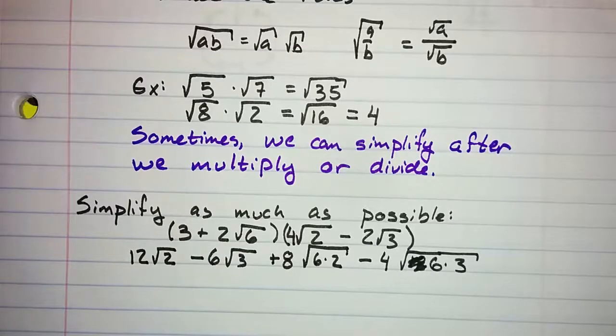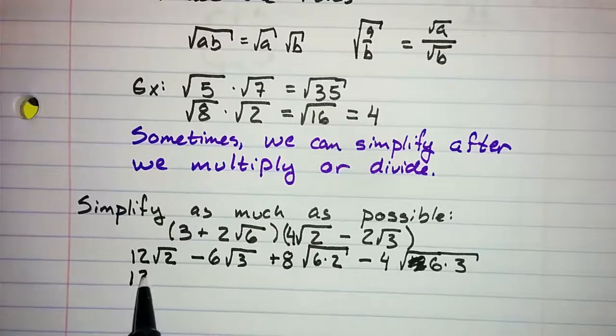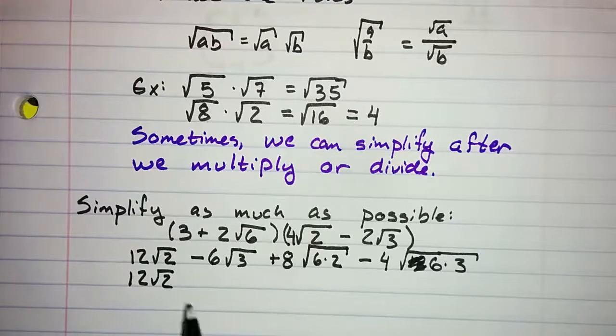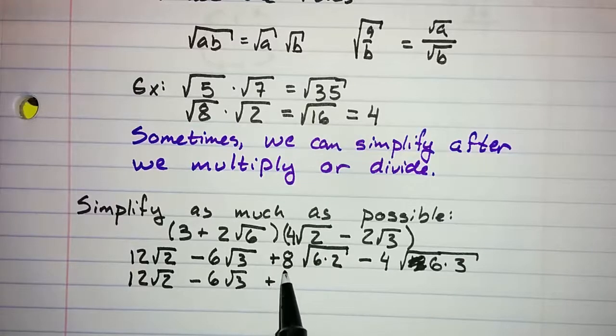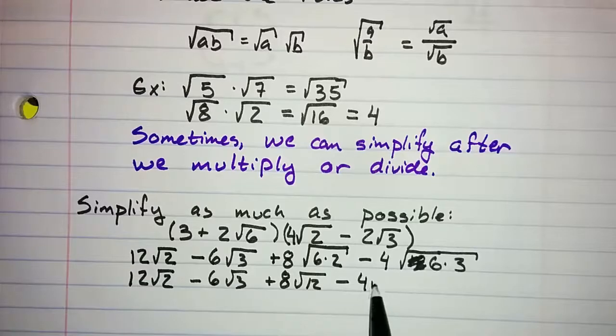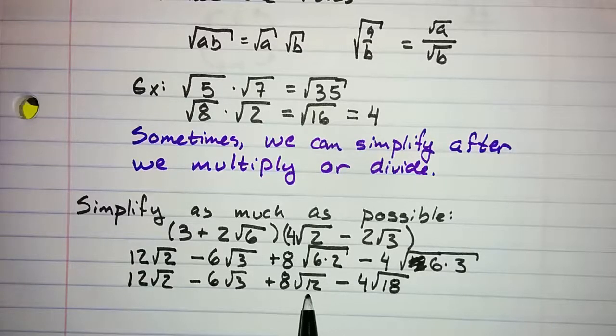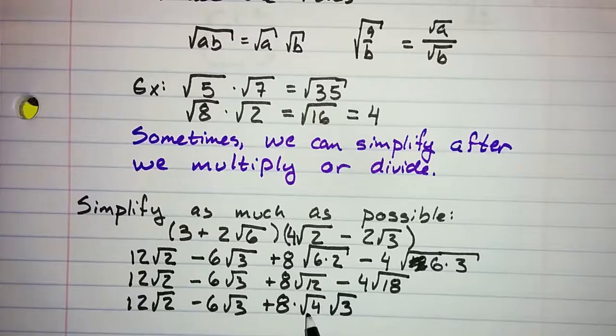So now let's see how much we can simplify this. 12 root 2 hangs out for now. Minus 6 root 3 plus 8 root 12 minus 4 root 18. A little bit of arithmetic shows us that 12 and 18 both have perfect square factors. Root 12 is root 4 times root 3.